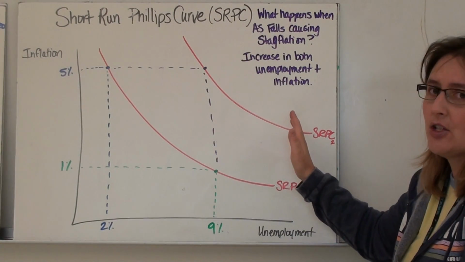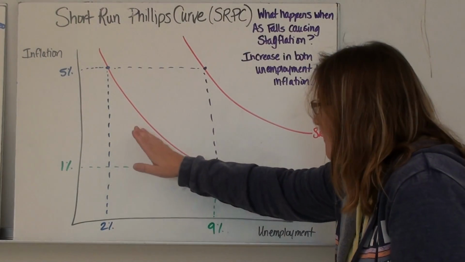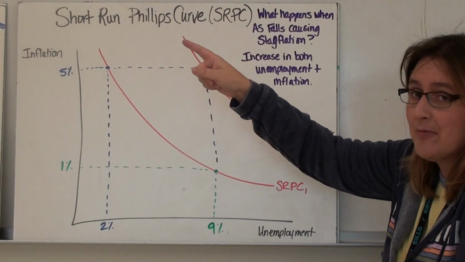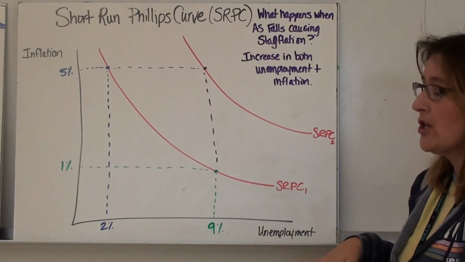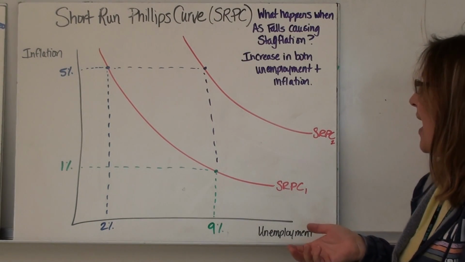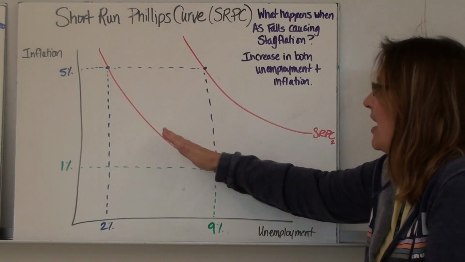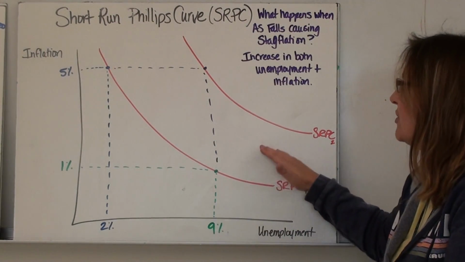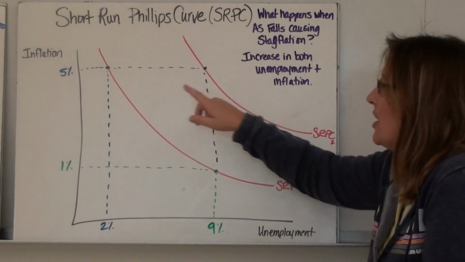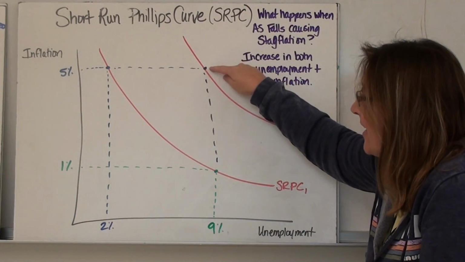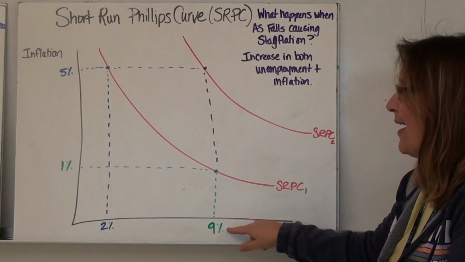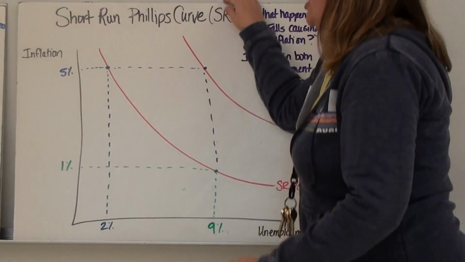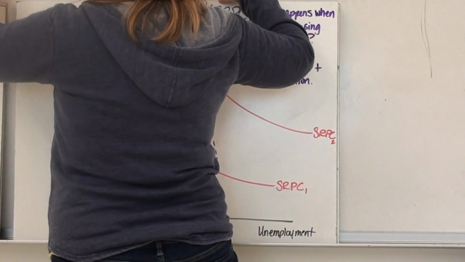So AS moves to the left, causing a high price level, lower GDP, and high unemployment. Then to show that on this Phillips curve graph, you take the short-run PC line and move it to the right so that you can now have high inflation and high unemployment at the same time. So if AS is moving, you've got to shift the short-run PC line.